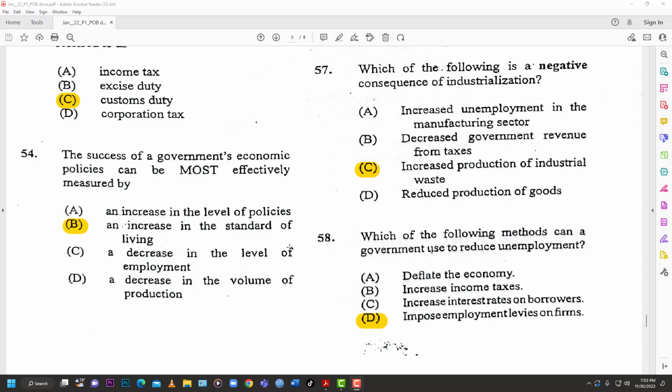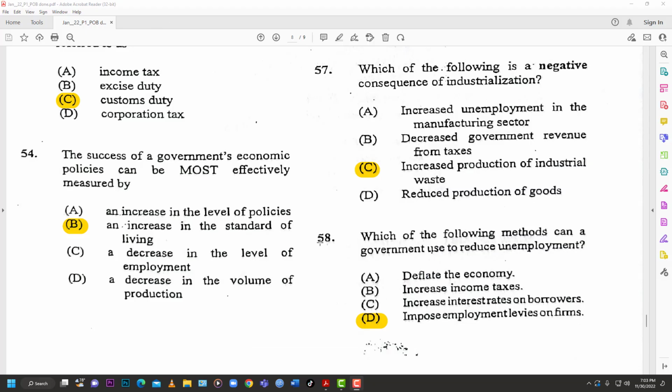Then you have decreased government revenue from taxes. Government revenue is not going to decrease following industrialization. The answer is C, increased production of industrial waste. Right? Increased production of industrial waste.